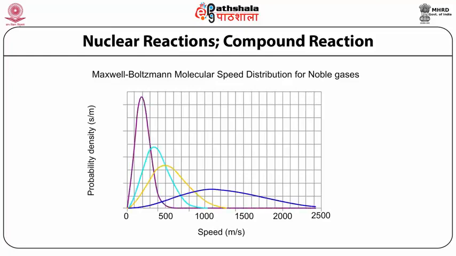Depending upon what gas we have, we get a different Maxwell-Boltzmann distribution, and it is observed that the heavier the gas, the sharper the Maxwell-Boltzmann distribution.